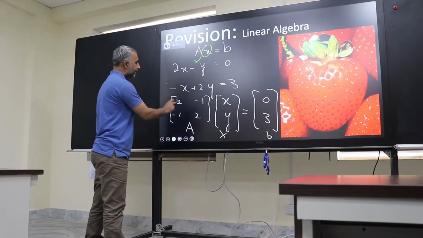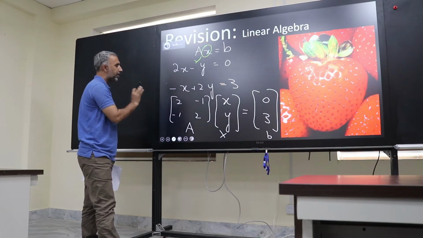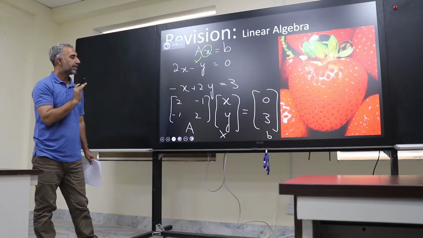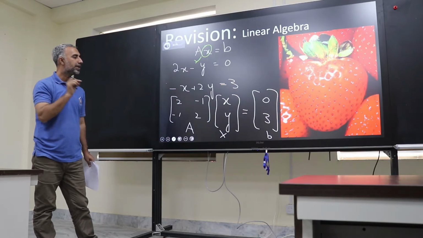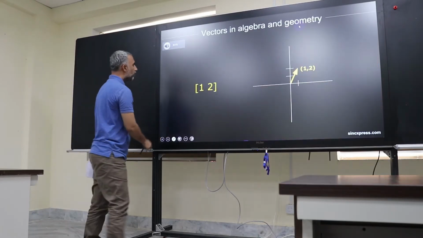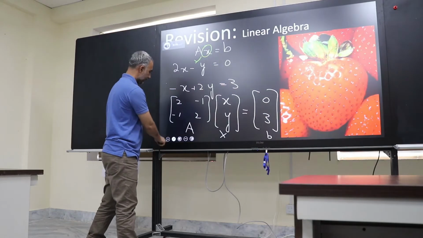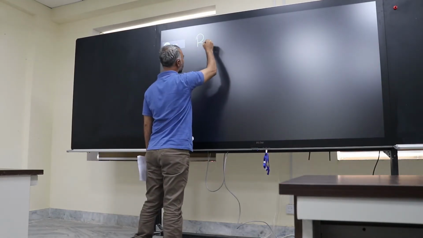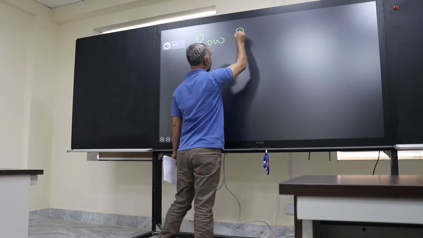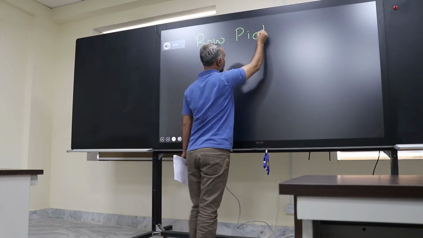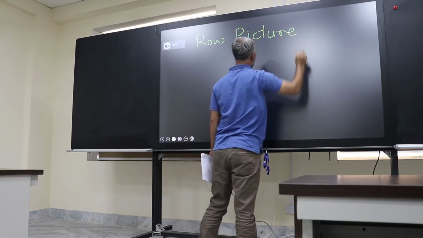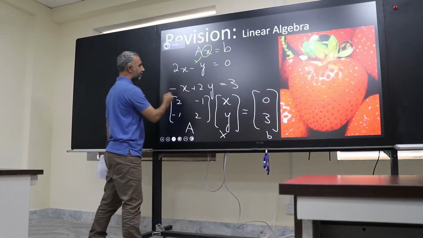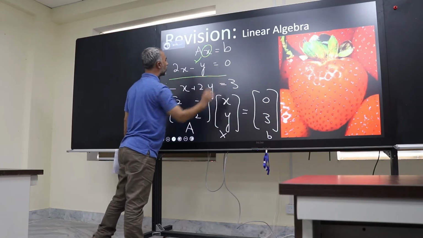Here, if we picturize it in vector form, we can consider it in two ways. The first one is the row picture. In the row picture, we want to see this in row formation.